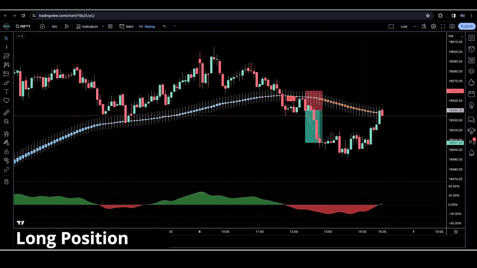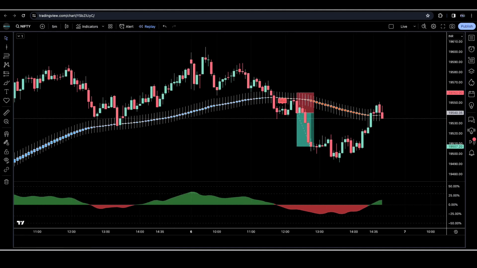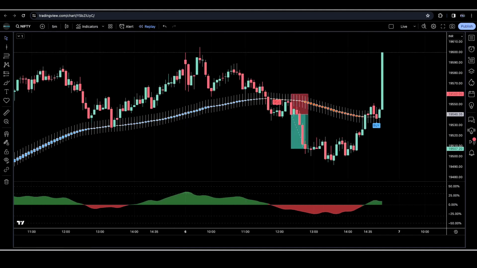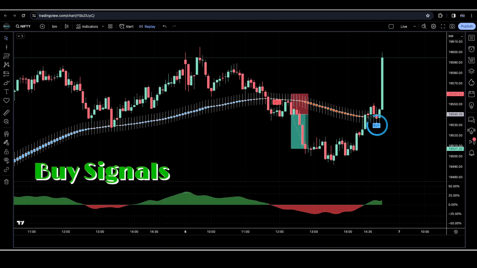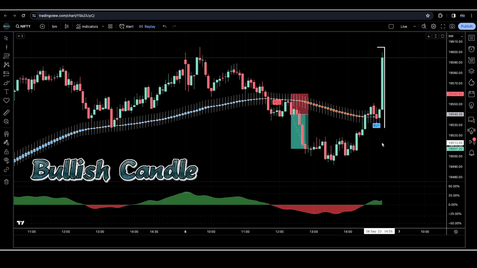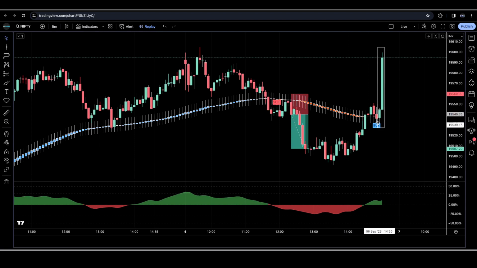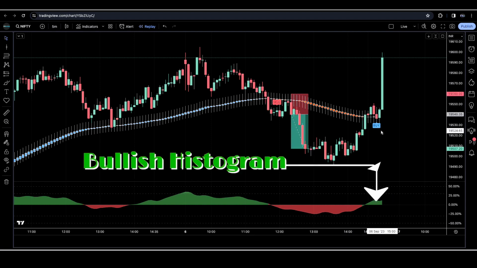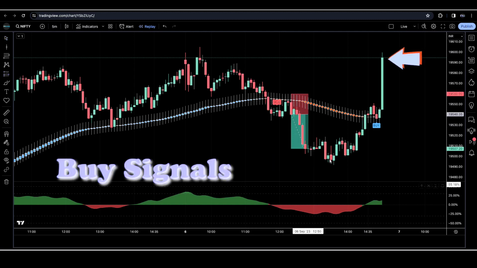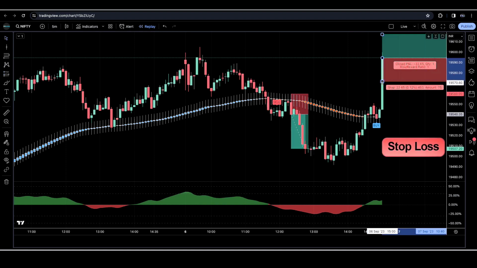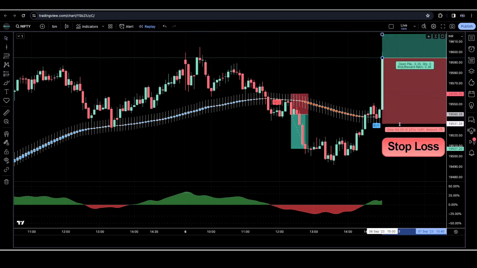Let us now understand the long position. When the Heikin Ashi Smoothed Indicator has given us buy signals, when the market forms two bullish candles, and when the rolling volume of Heikin Ashi Rolling Indicator shows a bullish histogram, if this condition is fulfilled, then we will place a buy order. Our stop loss will be placed at the Heikin Ashi Smoothed Indicator of candle lower.